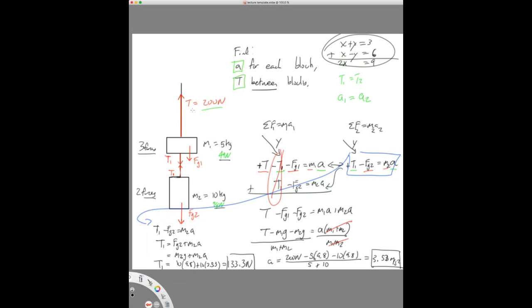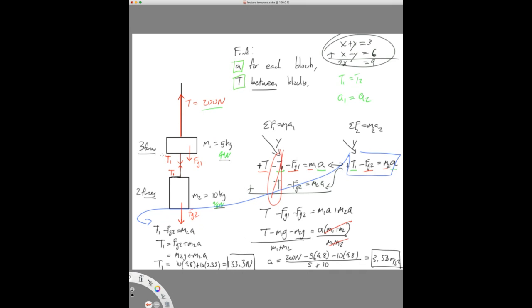So 2/3 of this force goes through to the second mass. And if you find the net force on mass 1 coming from the tensions, it's T minus T1, there's only 66.7, or 1/3 of this tension essentially remains on mass 1.